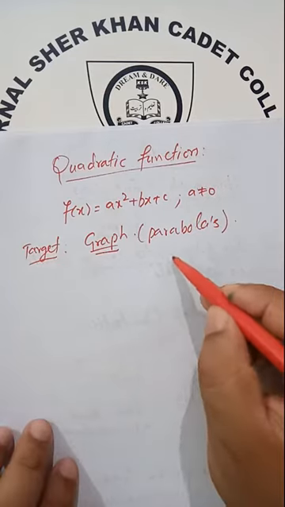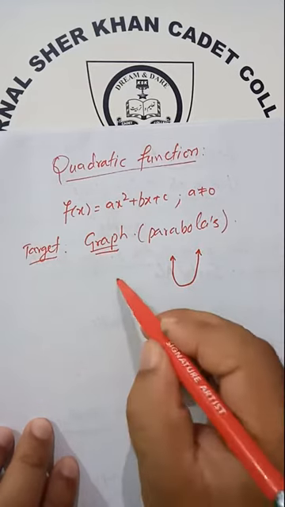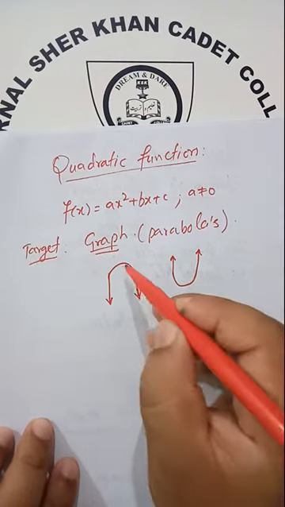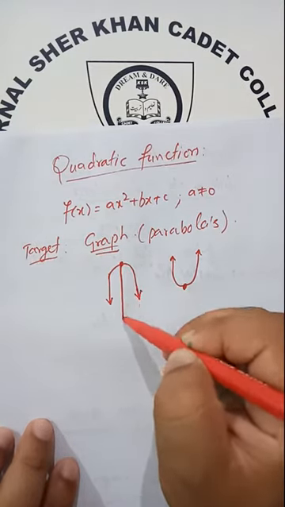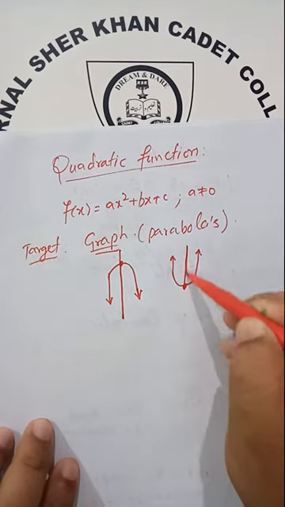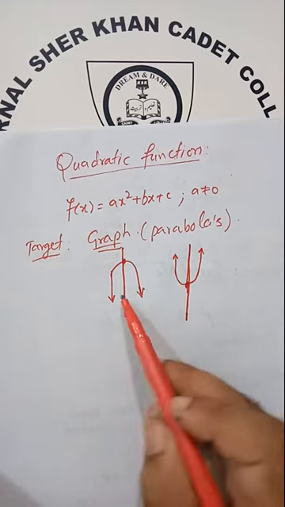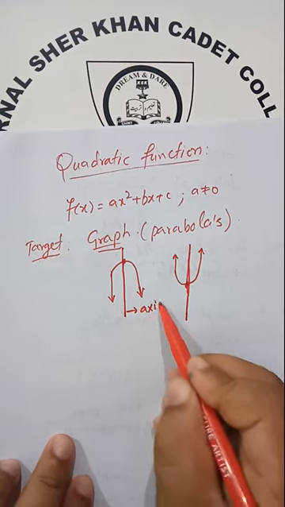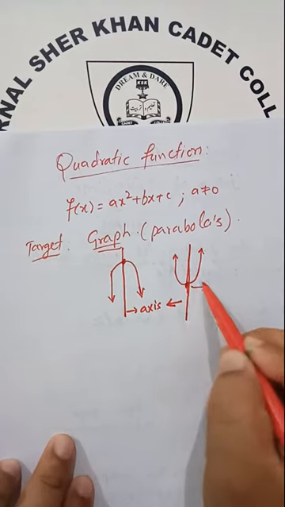We will discuss these two possibilities, when the parabola will be in this shape, or when it will be in this shape. So from this highest point or this lowest point there is a line on either side of which the branches, the curves, are the same. This is called the axis of parabola, and this highest and this lowest point is called the vertex.